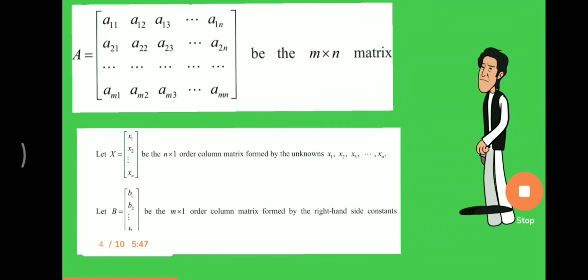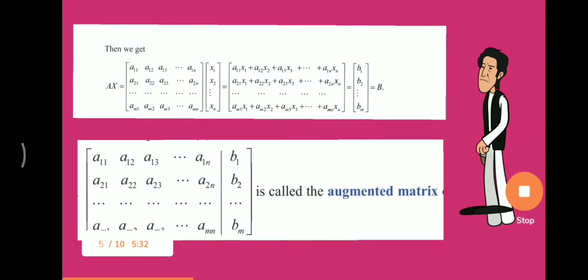Let B be the m by 1 column matrix formed by the right hand side constants b1, b2, b3, etc. bm. Then we have the matrix form AX is equal to B. When the constant matrix B is augmented with the matrix A, we call it the matrix A augmented with B.